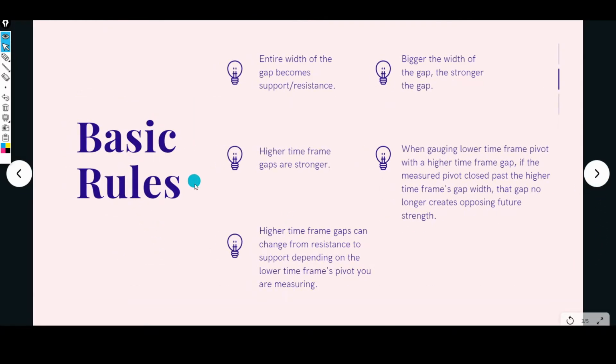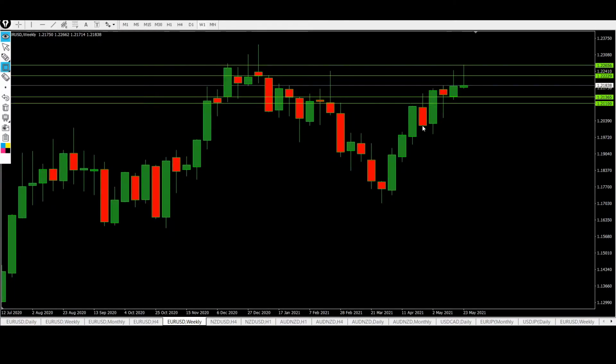Alright, so here's the basic rules. Number 1, the entire width of the gap becomes support and resistance. Right here on this weekly chart, there's two gaps. There's one up here, and another one right down here. If price came up into the middle of this gap, then this gap provides resistance.